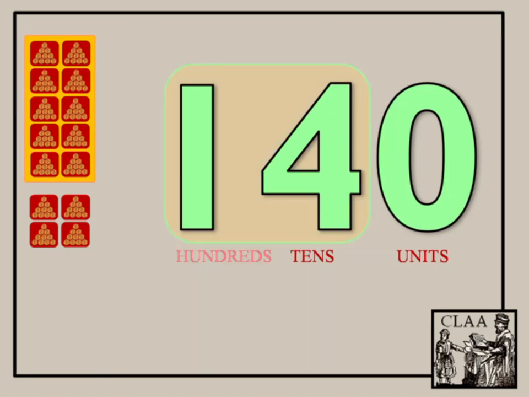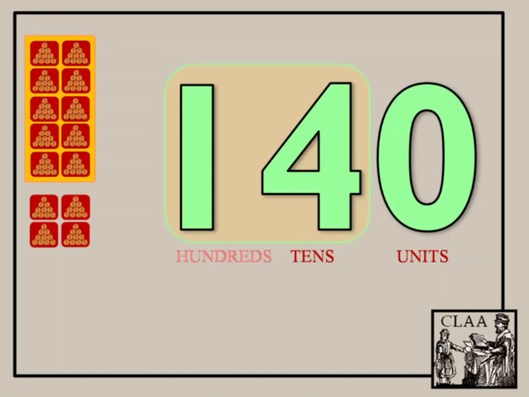I'd like you to see something about these numbers. If I asked you again to count how many pennies were on your screen, but I told you I don't want you to use the word hundred, how would you count them? You could say that there are 14 sets of 10 pennies. 14 sets of 10.